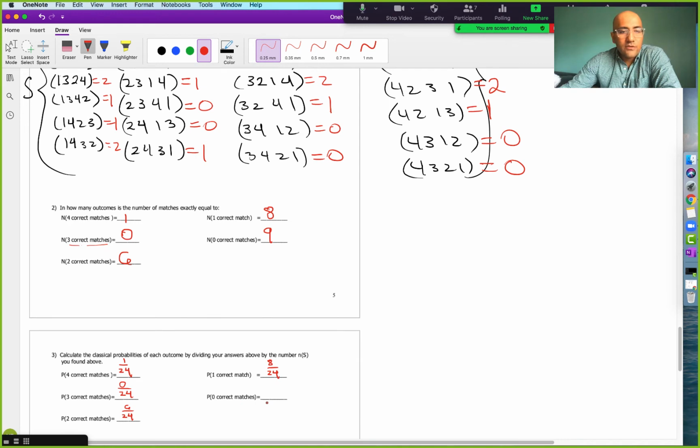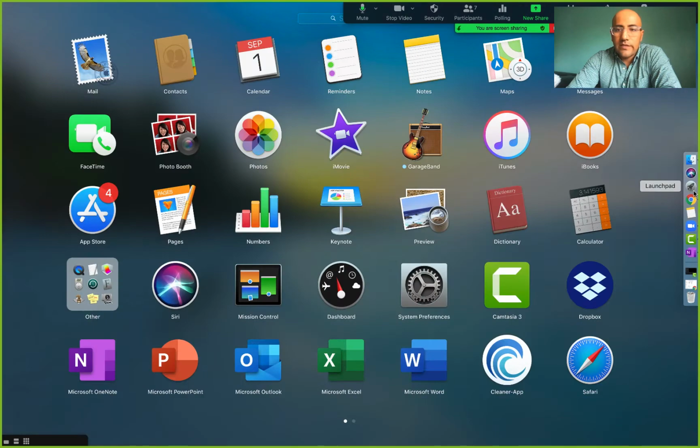And 0 matches was 9 out of 24. Good. Now we can grab our calculator and convert each one of these into a decimal.